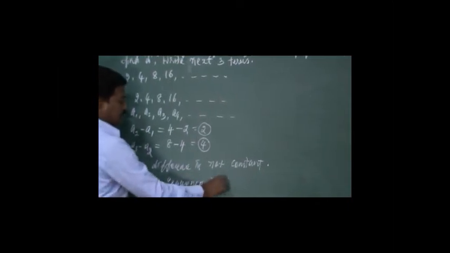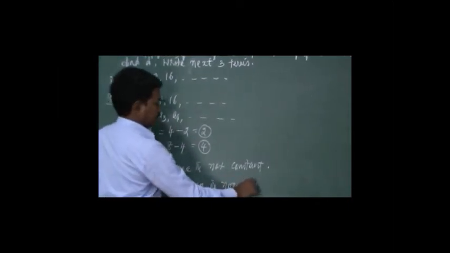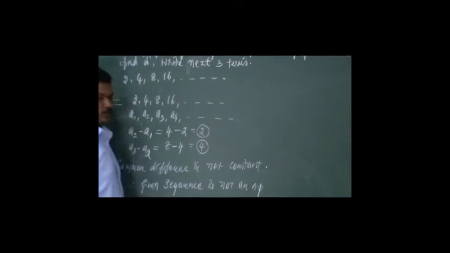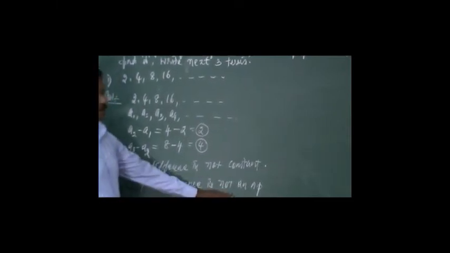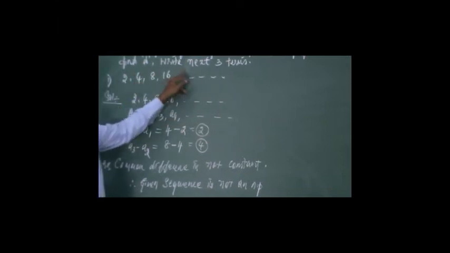So as common difference is not constant, therefore the given sequence is not an AP. So this is the conclusion. So as this is not an AP, therefore you don't need to find out D and the next three terms. So this problem is confined until this step.